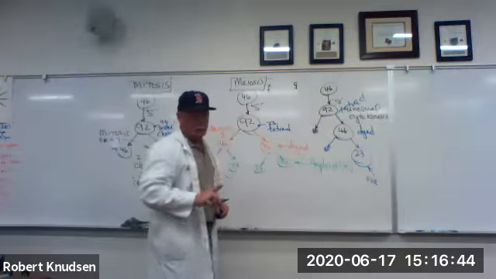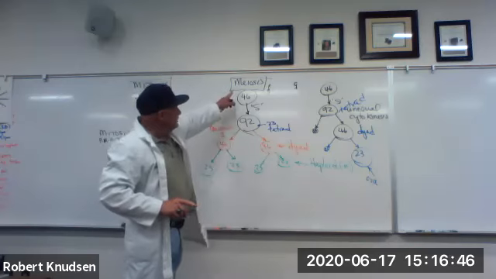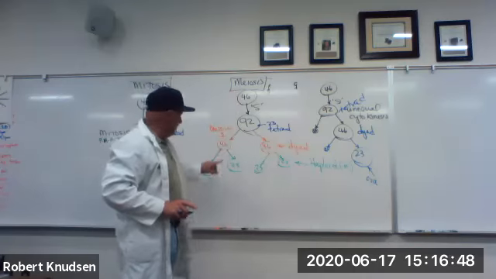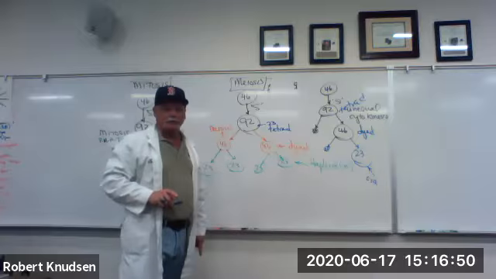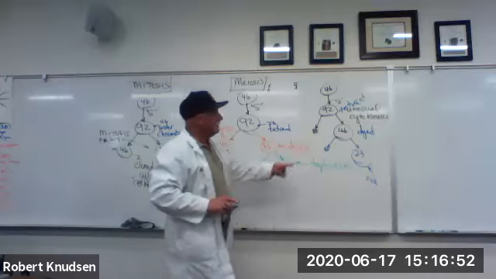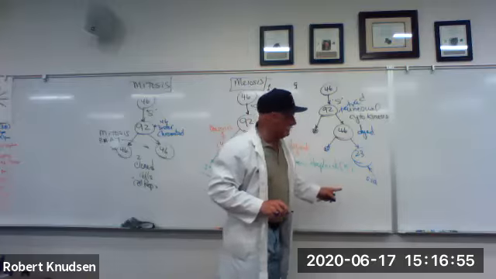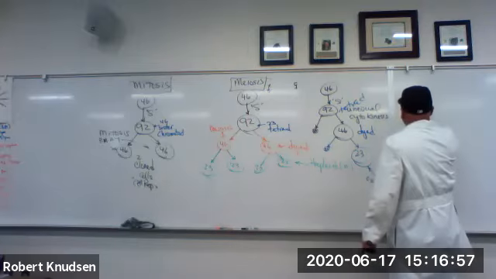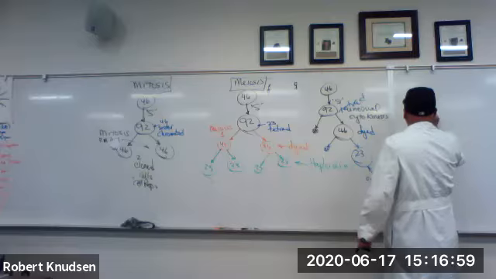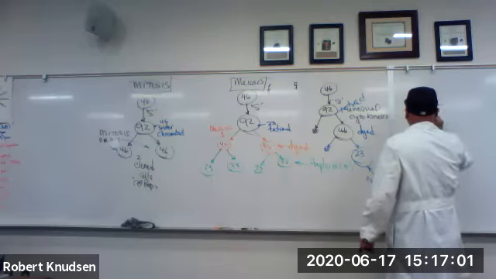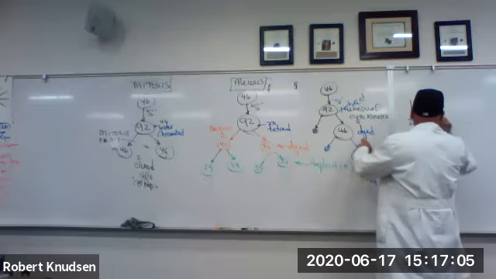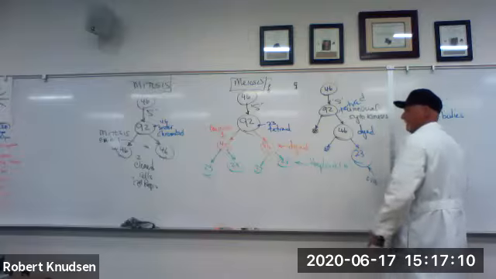So, watch. This is your test question. The result of spermatogenesis is 4 equal haploid cells. The result of oogenesis is 1 egg or cell, and 2, we call these cell bodies. Got it?